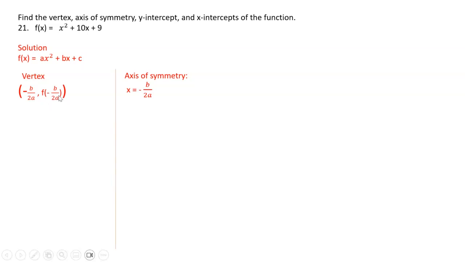The axis of symmetry is the x part of the vertex, x equals negative b over 2a. For the y-intercept, it's also obvious. The answer should be 0, c. So whatever the c is, that's your y-intercept. And for the x-intercepts, we have to factor or use the quadratic formula. Okay? Let's start with the vertex.